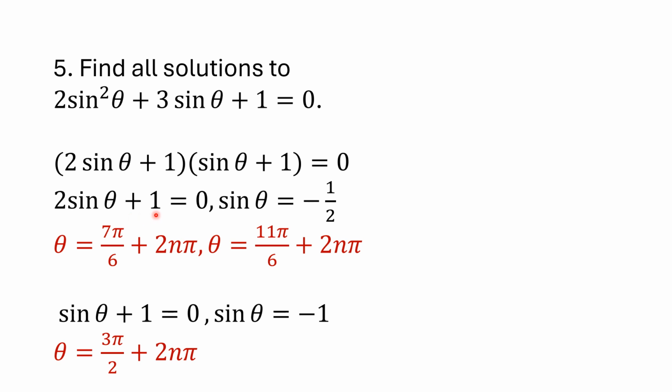Or 2 sine theta plus 1 equals 0, which means 2 sine theta equals negative 1, or sine theta equals negative 1/2. That will give me solutions 7 pi over 6 and 11 pi over 6 plus 2n pi. Sine theta plus 1 equals 0 gives me sine theta equals -1, which gives me 3 pi over 2 plus 2n pi.